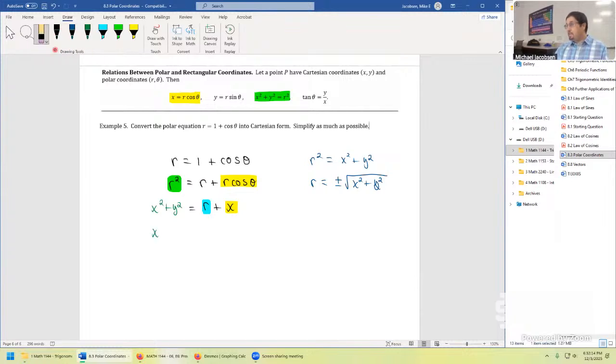X squared plus y squared equals, in place of r, positive or negative square root of x squared plus y squared, plus x. But this is, again, kind of a problem. Same sort of problem we had on the last equation, where we had r equals 6 cosine theta.